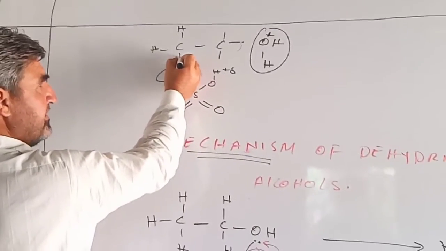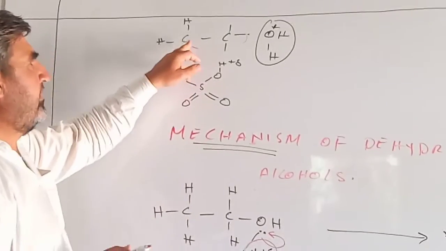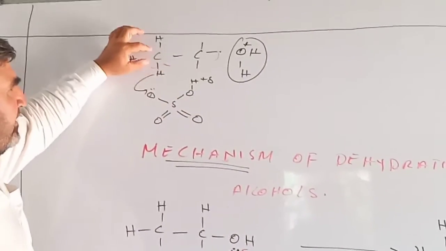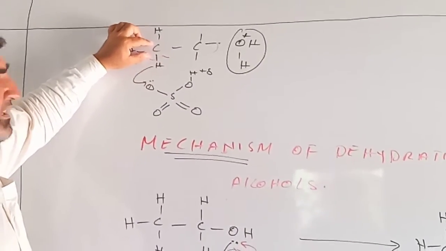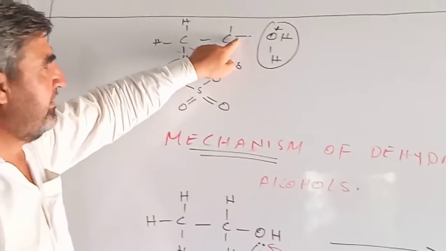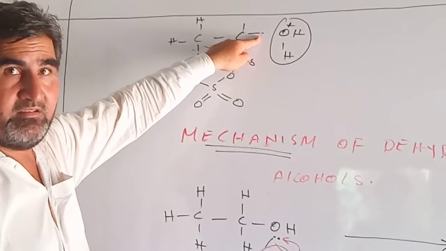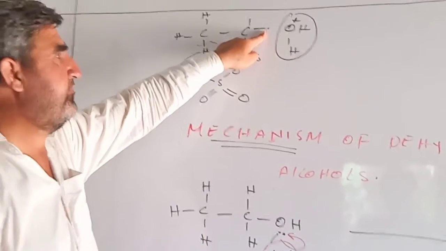And here this single bond is made from two unpaired electrons. Here the carbon has one unpaired electron, while the hydrogen has one unpaired electron. In this bond there are also two electrons, which is an electron pair.